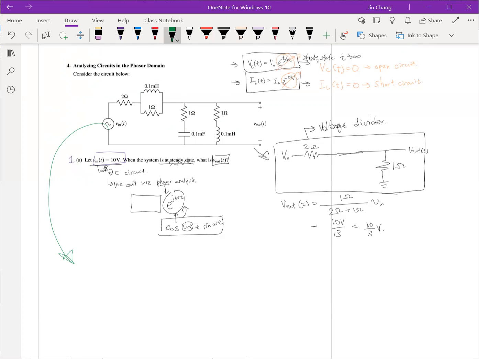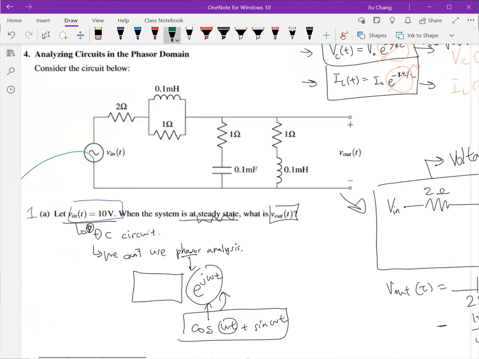That sounds good. Okay, so the impedance of a resistor is just the resistance. So we will have 2 ohms, 2 ohms, 1 ohm, 1 ohm, and 1 ohm for the impedances. For an inductor, we have j omega L as our impedance.